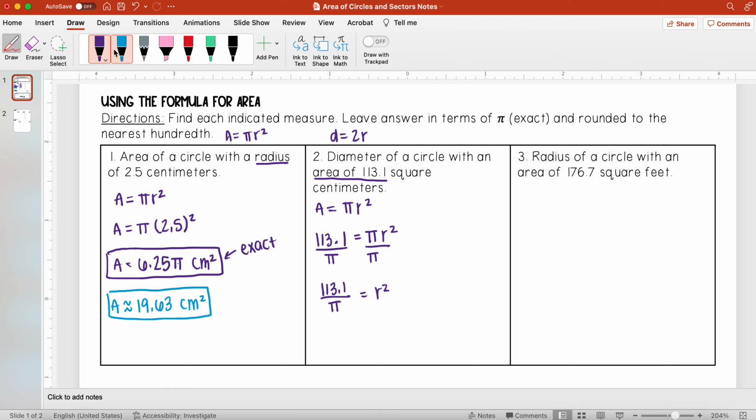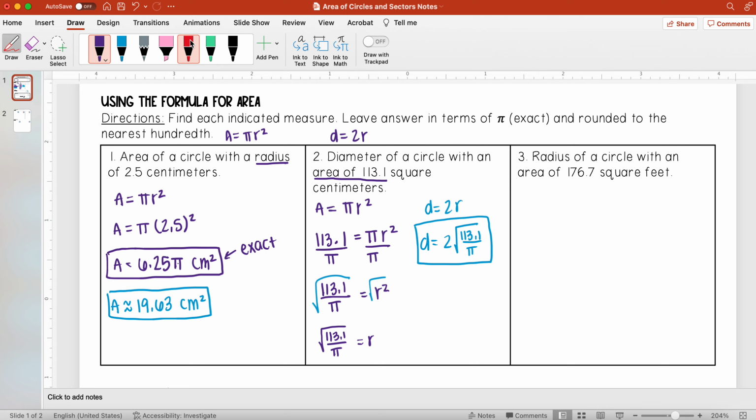And then to get rid of that square, I'm going to need to take the square root of both sides. And so I get that the square root of 113.1 over pi is equal to r. However, remember that my diameter is equal to twice r. So that means that d is equal to 2 times the square root of 113.1 over pi. And so that's going to be my exact answer.